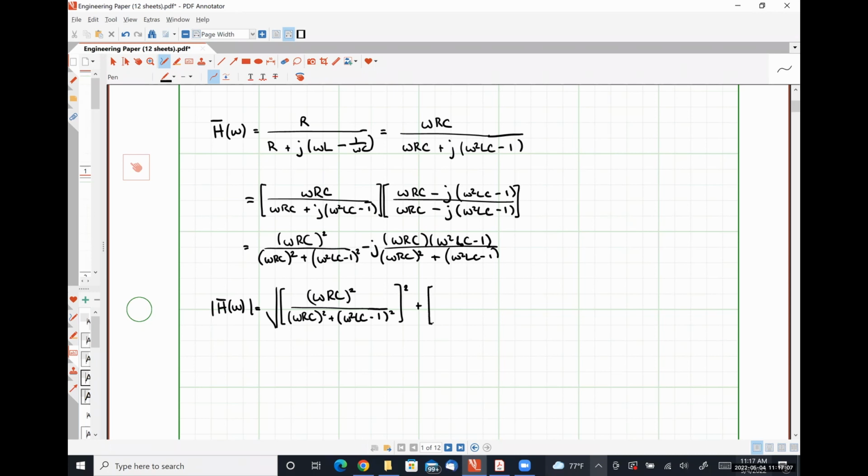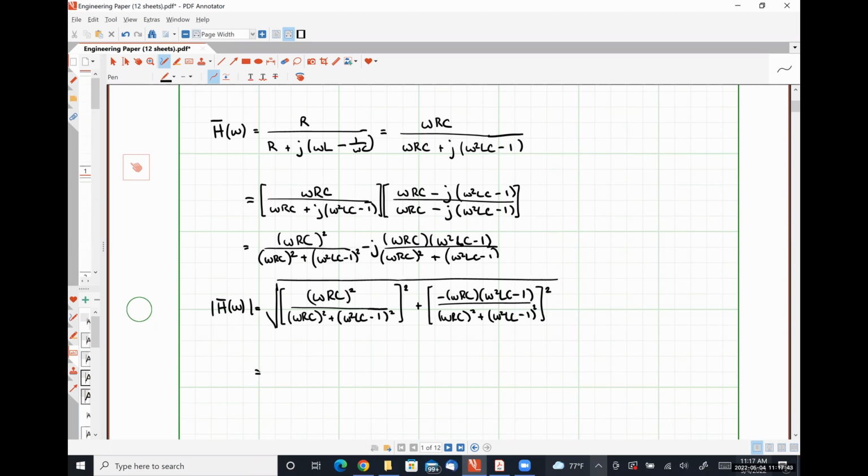I add to that negative omega RC times omega squared LC minus 1 all over omega RC squared plus omega squared LC minus 1 squared, square that thing, and I'm taking the square root of this whole shebang.